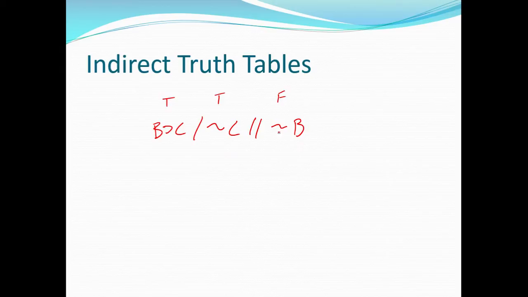So if the conclusion is false, we need B to be true, so negation B is false. We're going to carry the truth value of B over to your first premise, so that's going to be true. Now if B is true, and this has to be a true statement, C has to be true as well.